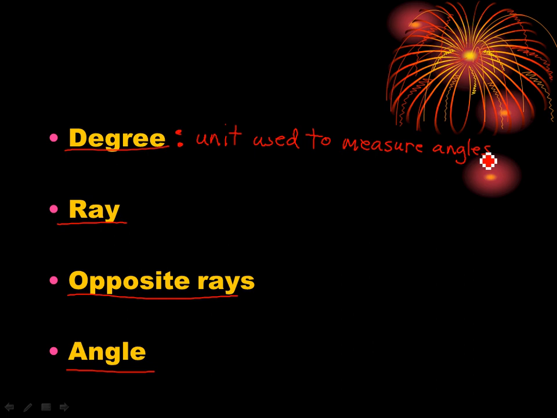What a degree actually is, if I hold my arms like this, a degree measures the amount of turn. You see how my arms are turning? So if we actually had a real clock up there, not the digital ones, that's what it measures.